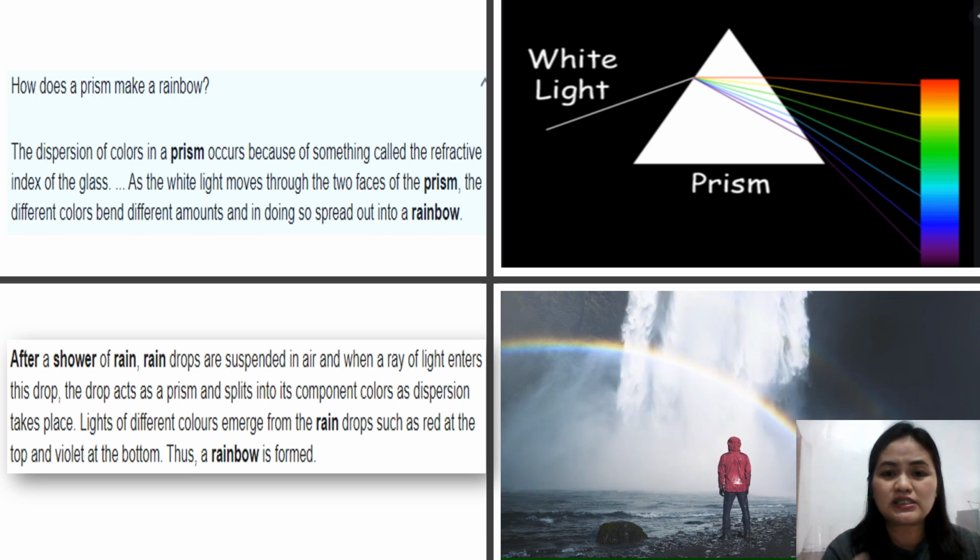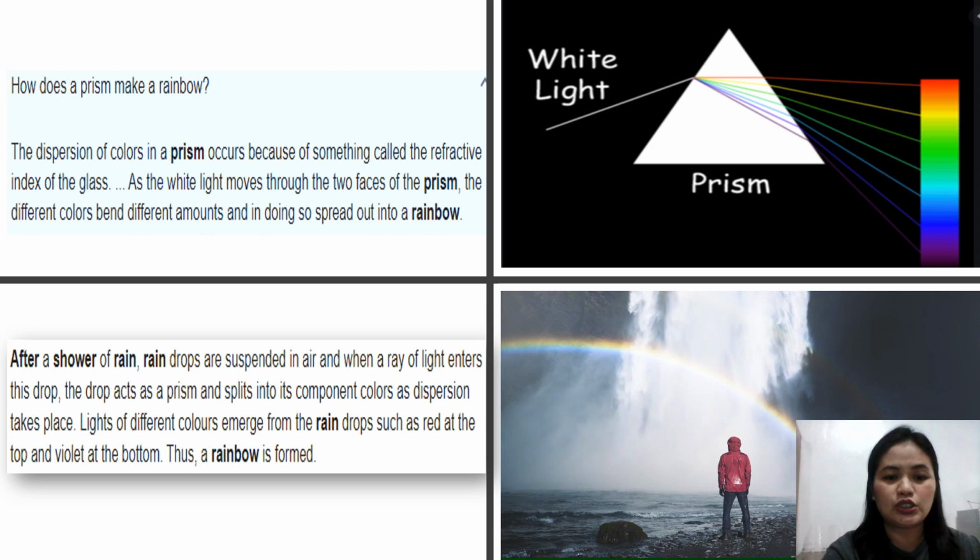And how can this process occur? There should be a medium. And in this case, we have the raindrops or water vapor. So in this background, there is a rainbow because this waterfall produces raindrops in the air that will disperse or scatter the colors of the rainbow.